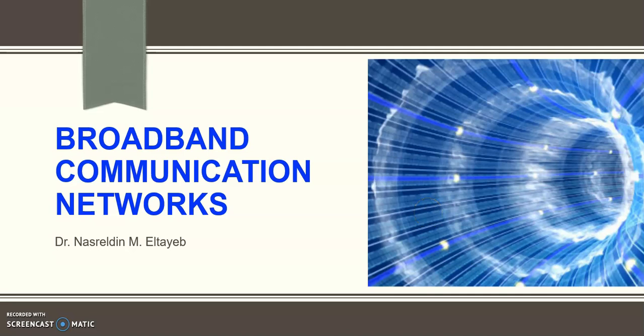In this session, I will explain very briefly fast circuit switching. But before explaining fast circuit switching, I would like to remind you what was the disadvantage of circuit switching.